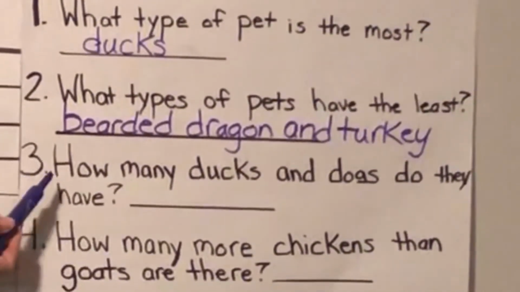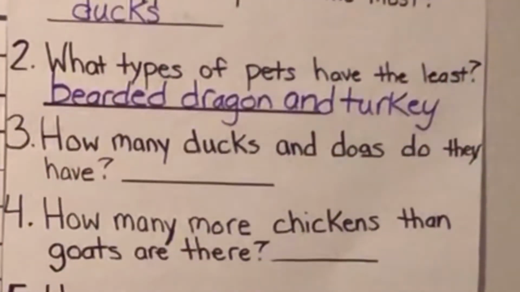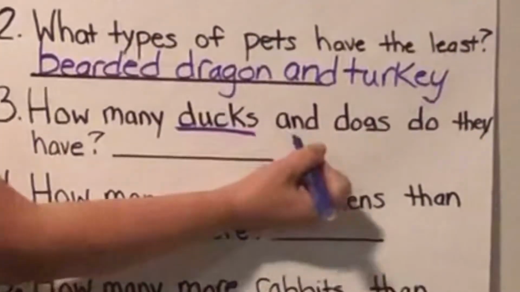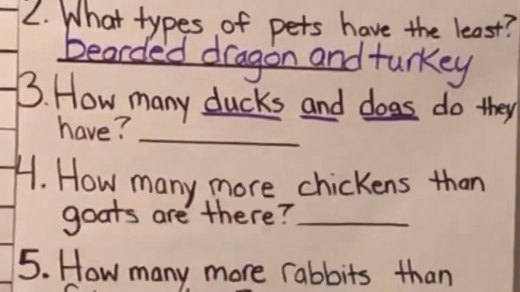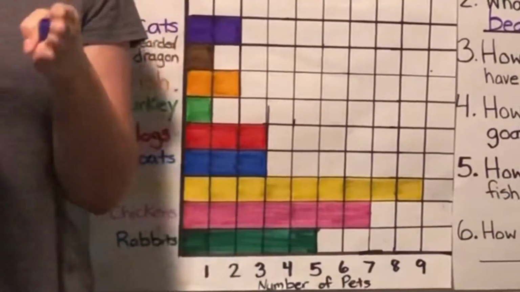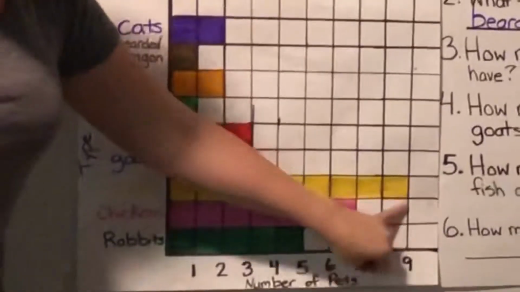Question 3 says, how many ducks and dogs do they have? So let me look at some important words here. How many ducks and dogs? So they want to know ducks and dogs. So I'm going to add those 2 numbers together. So ducks is 9.